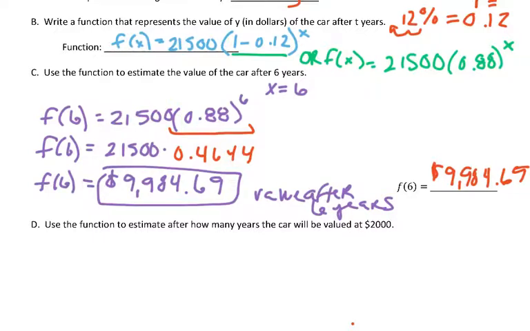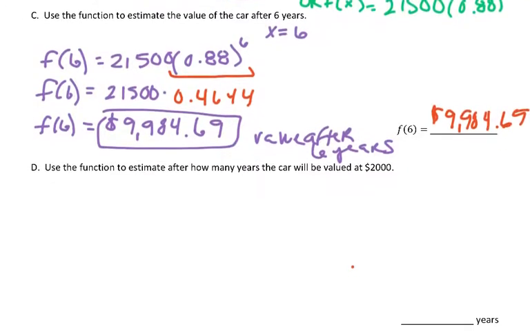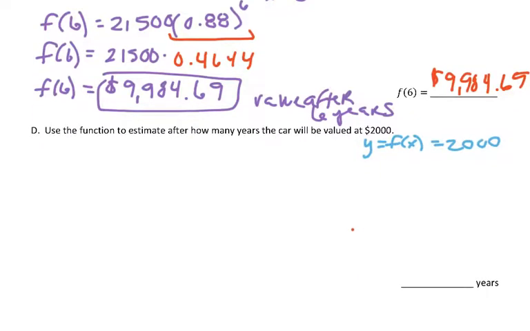Okay. So moving on, the next one, now they're saying use the function to estimate after how many years the car will be valued at 2,000. So now, instead of doing an x of 6, we're actually doing a y, or an f of x, of 2,000. So we need to solve when will 2,000 equal the equation.